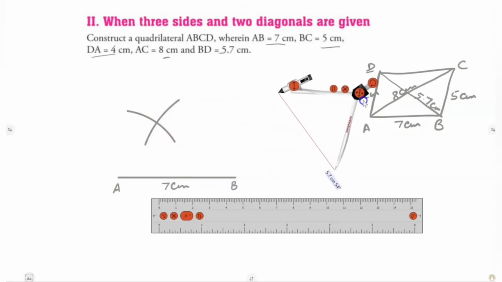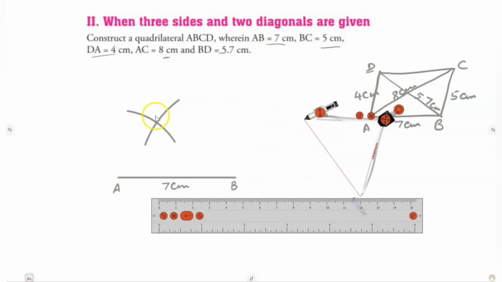Now name this intersection point of the 2 arcs as point D. Now join AD, mark it as 4 cm. And join B to D also. It should be 5.7 cm.